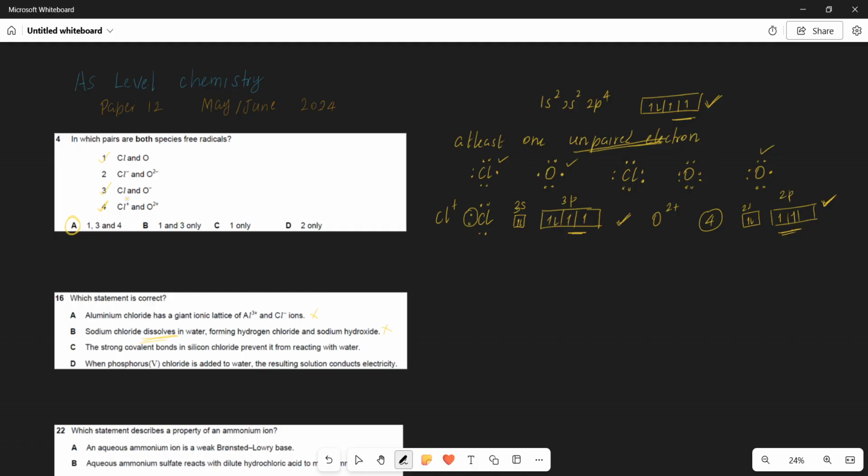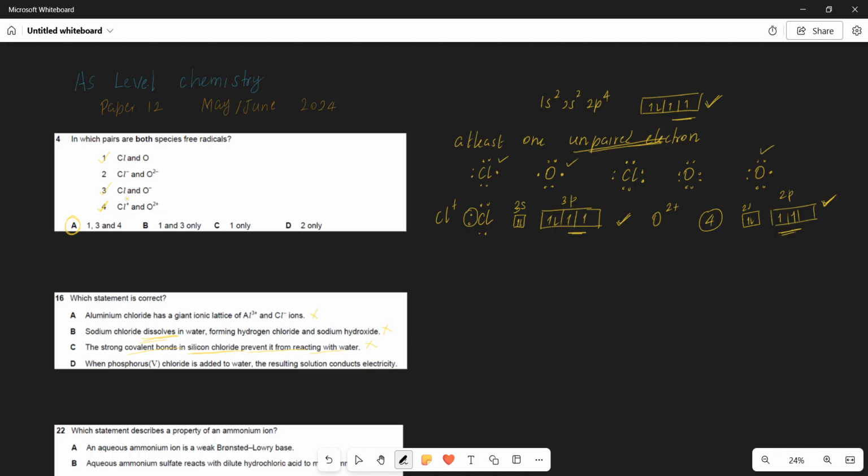So this is wrong. Strong covalent bonds in silicon chloride: silicon chloride has covalent bonds, but I cannot say it's a strong covalent bond preventing it from reacting with water. It is not true. Silicon chloride reacts with water. It undergoes hydrolysis. That is also wrong.